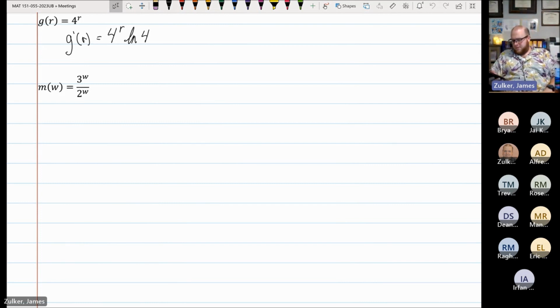An exponential one. What would be the base?